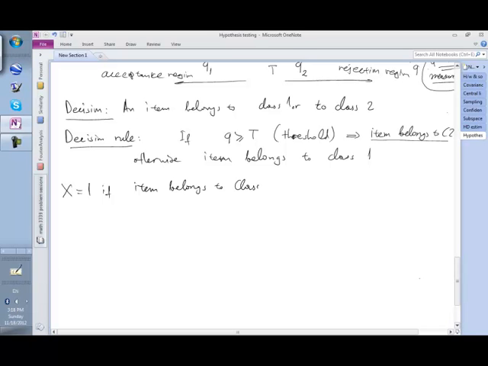To class 1. Otherwise, X is equal to 2. So you can think of X as a flag or something, or a tag. So in general, X is a Bernoulli random variable, but more generally, I would refer to X as a categorical random variable.